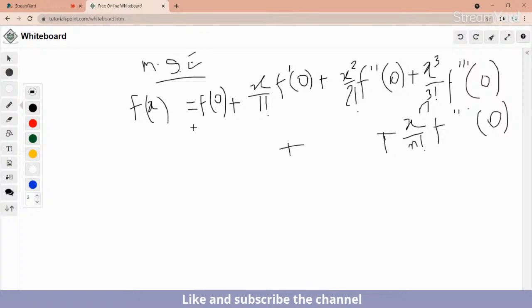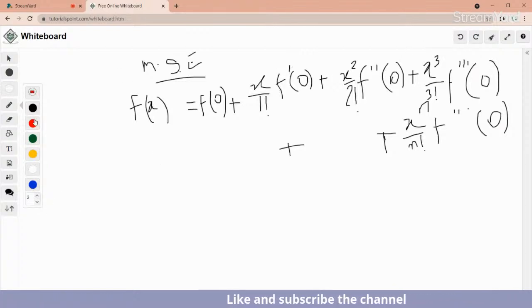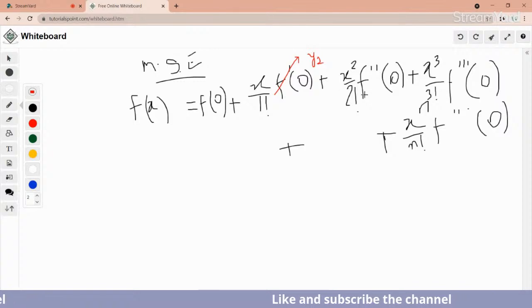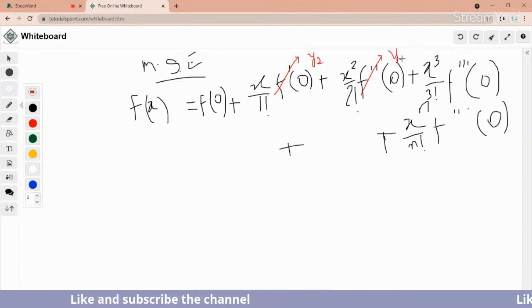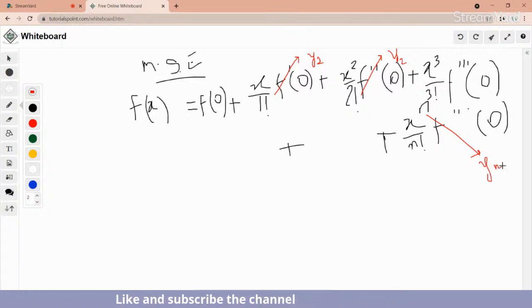Another thing: this f dash you can also write as y1, f double dash as y2, and henceforth f(x) differentiated n number of times you can show as yn.